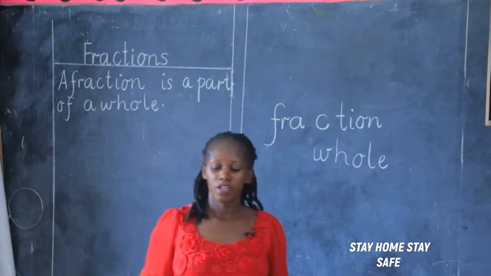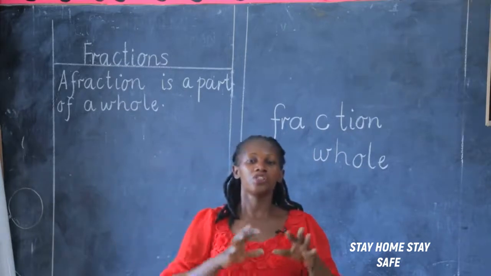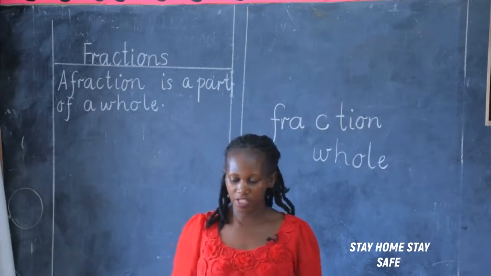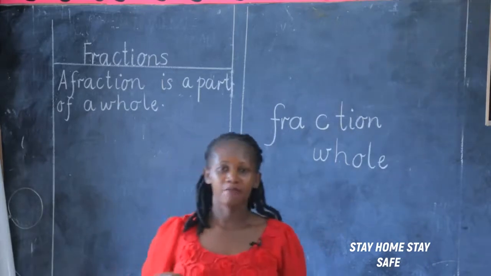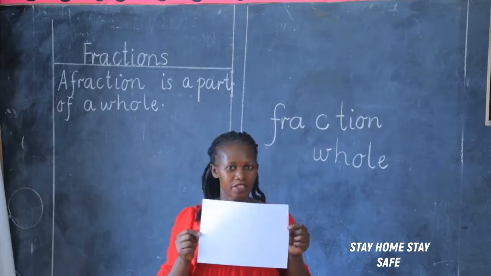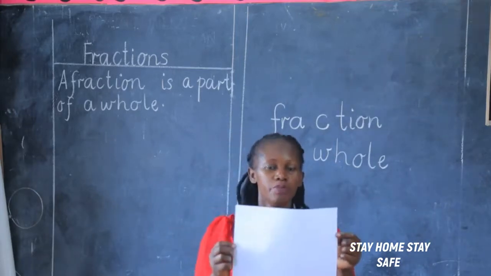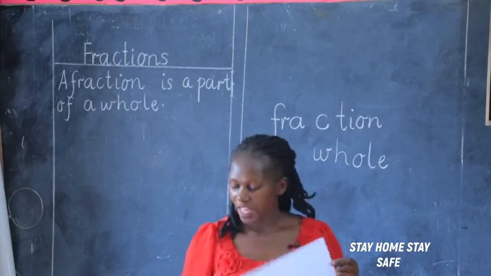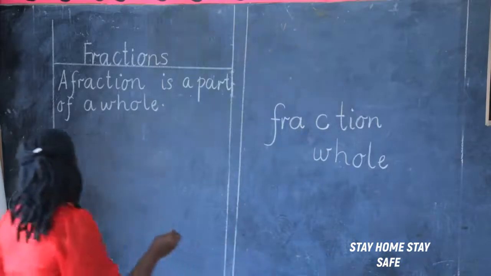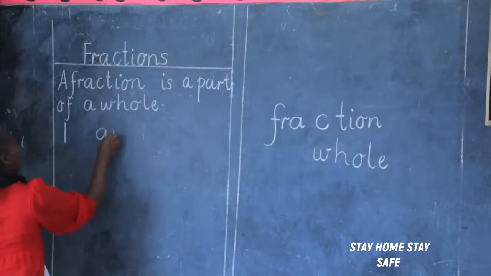So, as I've told you, a whole is something which is big, it is one. You can hold it when it's one. For example, I have my paper. How many do I have? I have one paper. It's a whole paper. That means when we are talking about fractions, one represents a whole.